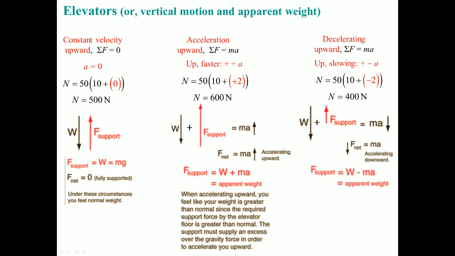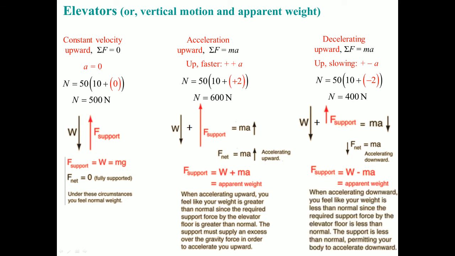The F support here is smaller, so it's W minus ma. It's a subtraction because, again, that is the minus 2. You see that when accelerating downwards, you feel like your weight is less than normal since the required supporting force by the elevator floor is less than the normal. The support is less than the normal, permitting your body to accelerate downwards.